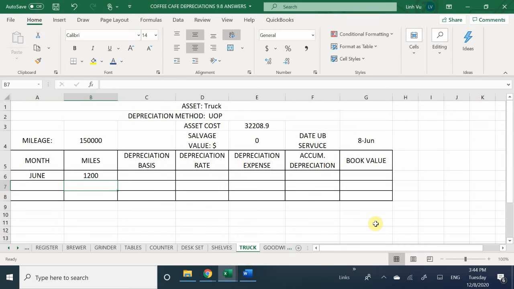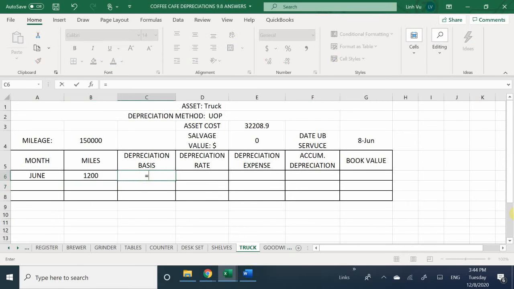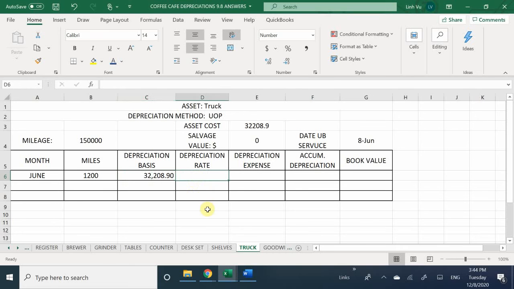What is the depreciation basis for units of production? Cost of asset minus salvage. Good. In this case, I have no salvage value, so my depreciation basis is going to be the 32,208.90.